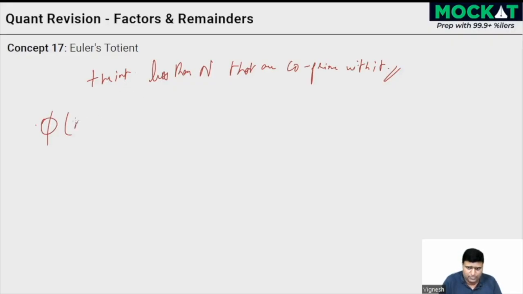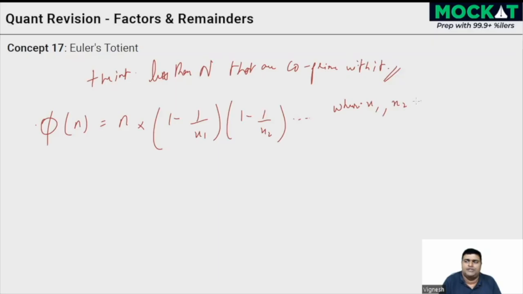Phi of n is nothing but n into 1 minus 1 by x1 into 1 minus 1 by x2 and so on, where x1, x2, x3 and so on are the distinct prime factors of n.